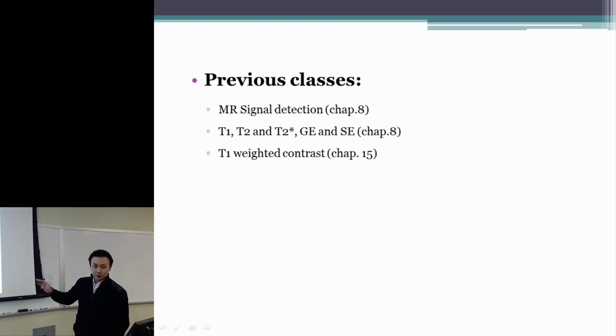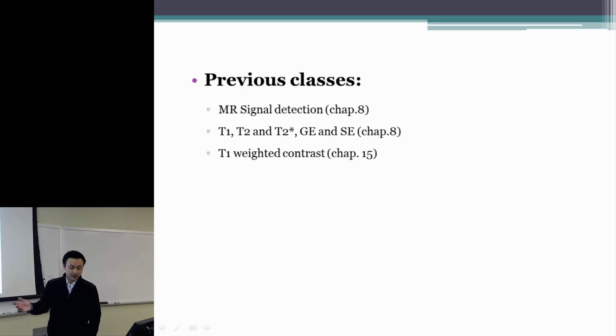Previously in MRI, you have already been introduced to these concepts related to this section. The first one is the MR signal detection introduced in chapter 8. And then the concept of T1 and T2 and T2 star decay, and the gradient echo and spin echo, also in chapter 8 and chapter 12 maybe.